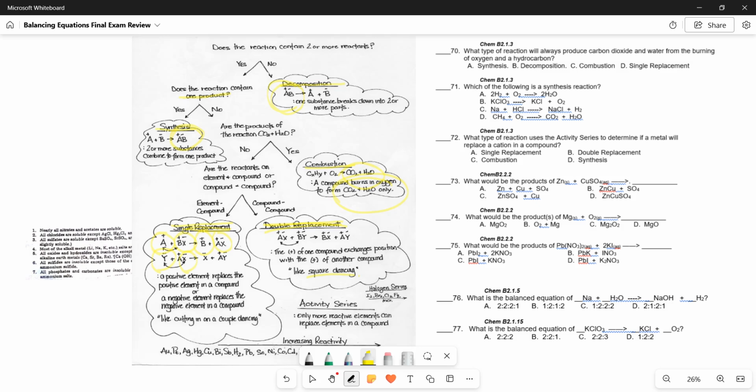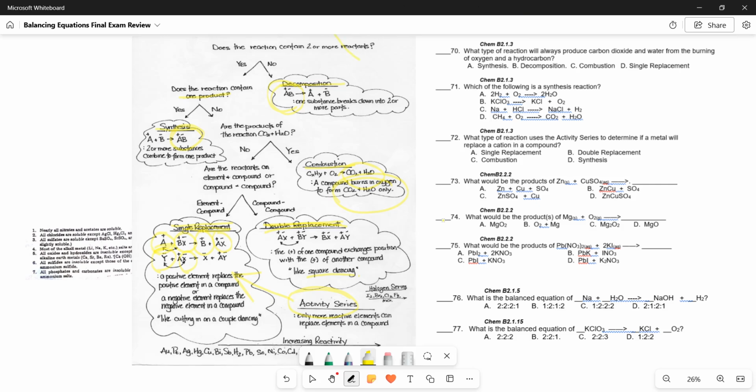We are going to refer to the activity series when we talk about a couple of the equations I have on here. And the activity series basically tells you for single replacement reactions whether that single element can replace the other ion of the same nature in the compound. For example, in the one that we're going to do, I'll just show that real quickly.